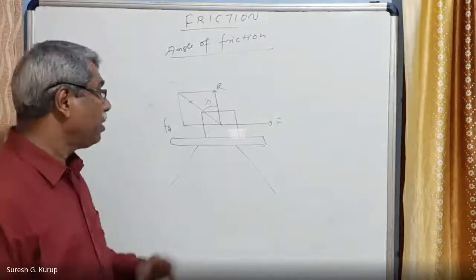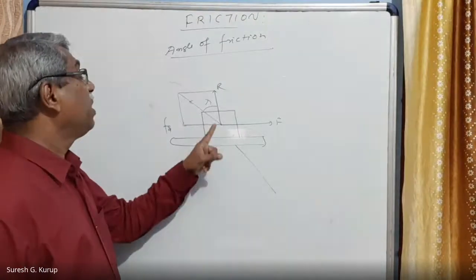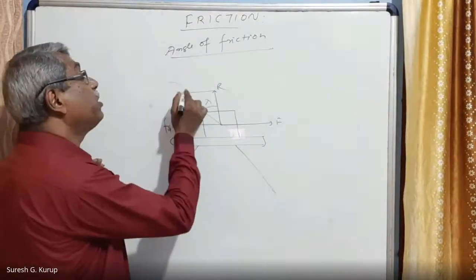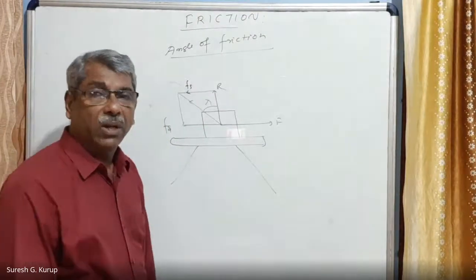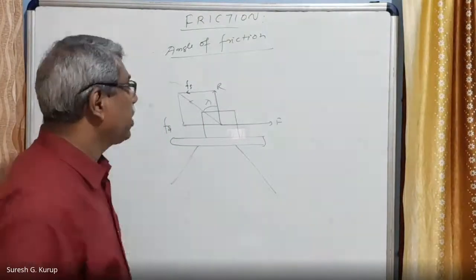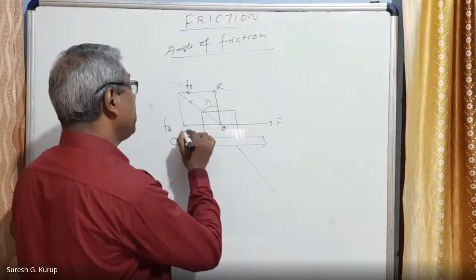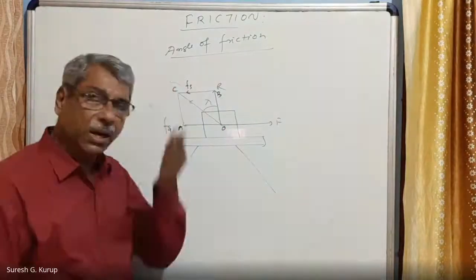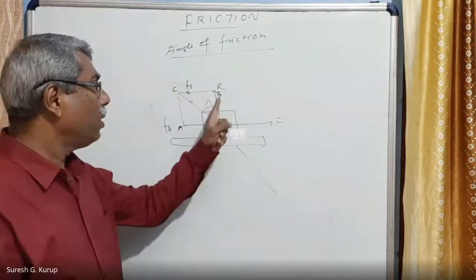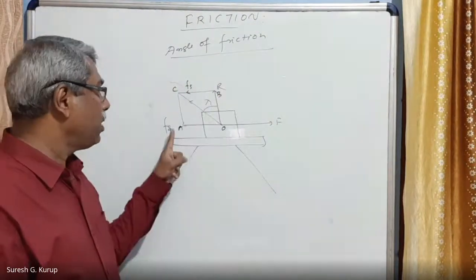From the figure, if this is Fs, this also will be Fs only, right? Therefore, from the figure, we can suppose this is O, this is A, this is B, and this is C. OC is the resultant of the normal reaction and force of friction.